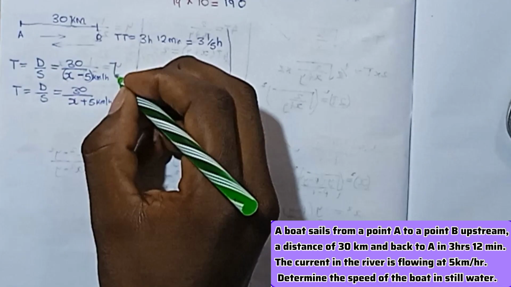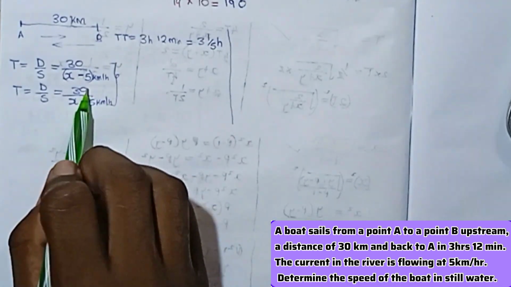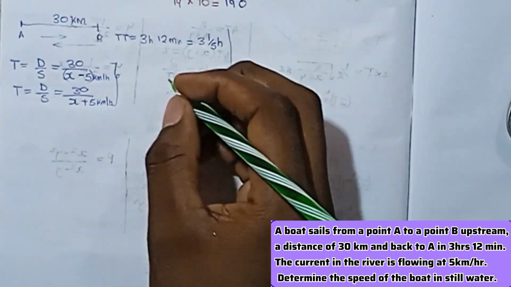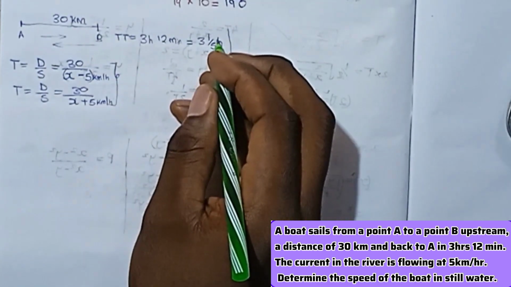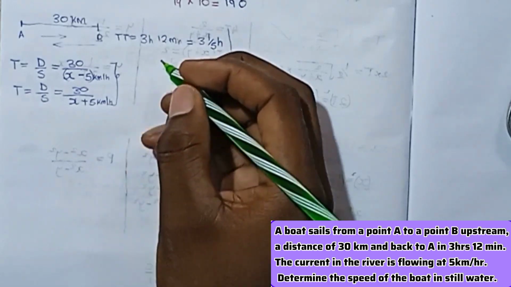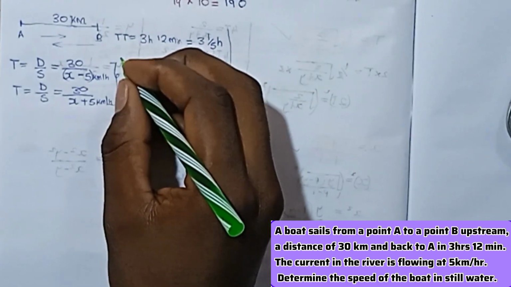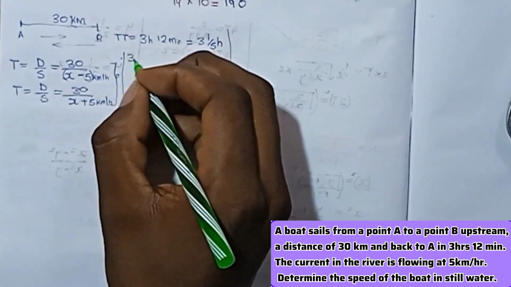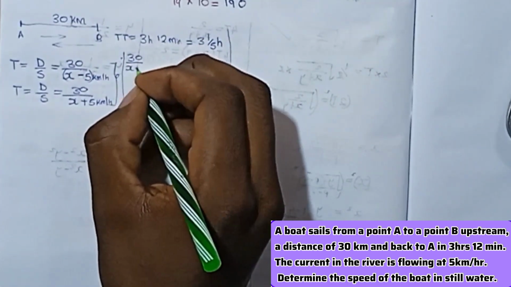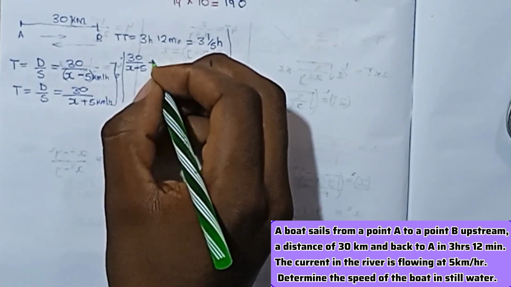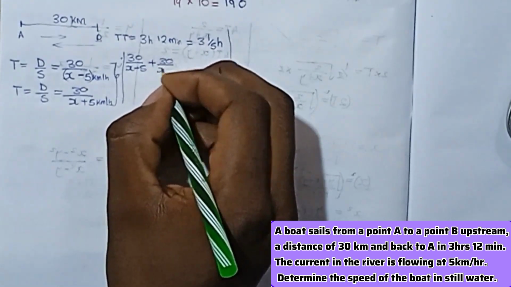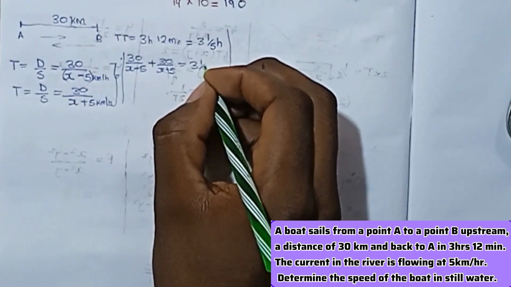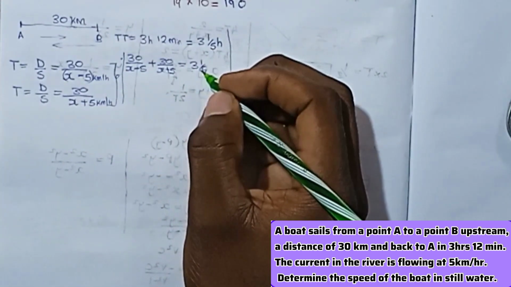When we add these two times, because it went to and from, we'll have 3 and 1 over 5 hours, which is 16 over 5.